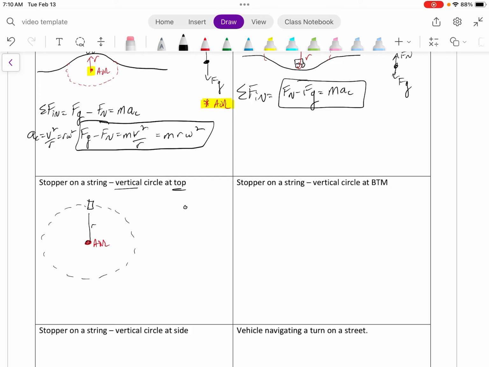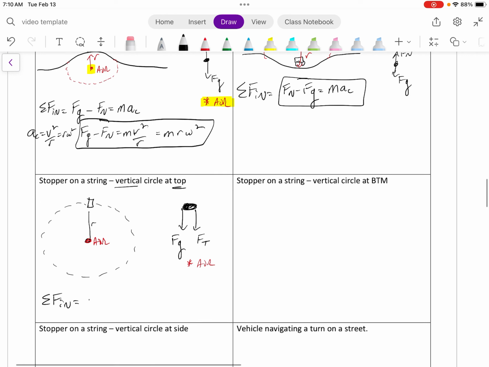Now I have a free body diagram. I'm going to make this dot a little bigger. I have two forces acting on the stopper. I have force of gravity downward, and I have force of tension downward. Both of those forces are in the direction of the axis of rotation, which is in the center of the circle. So both of those forces are positive with our rules.